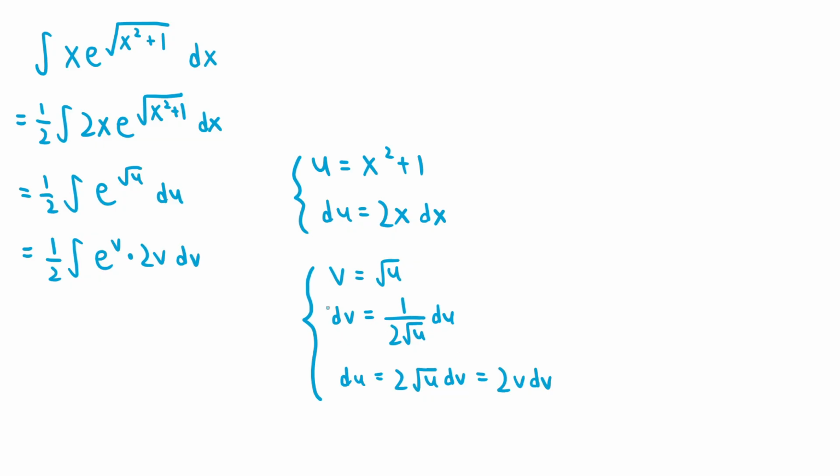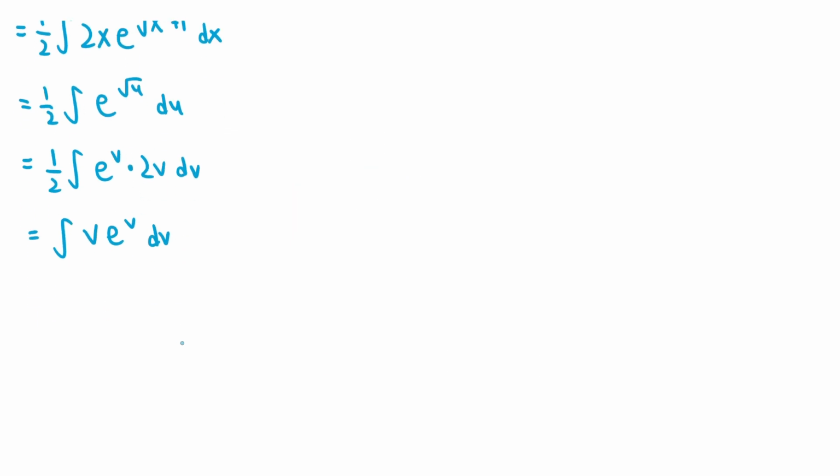We can also bring out the constant of 2 in the integrand outside of the integral, and the 2 would cancel out with the constant multiple of 1/2 outside of the integral. So this all just simplifies to the integral of v times e to the v dv, and what I've done is I changed the order of the product in the integrand.